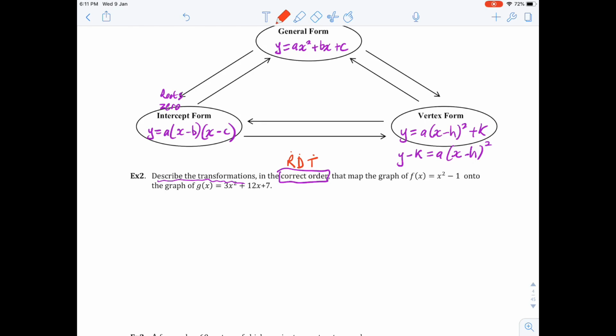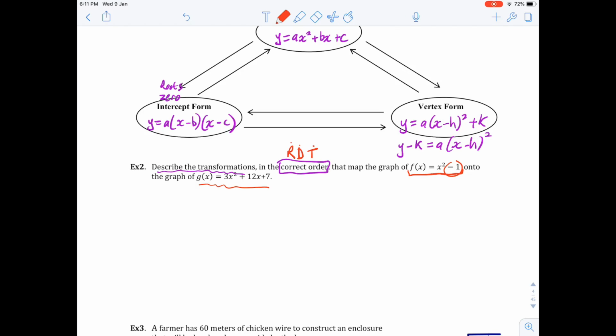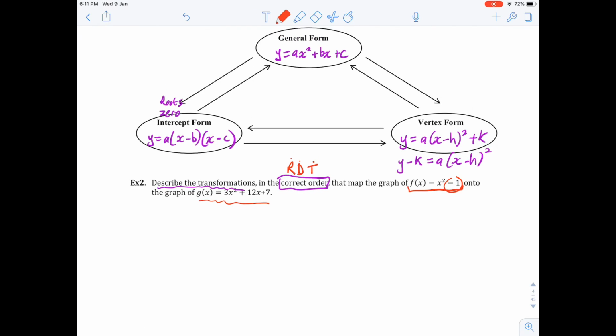Okay, and so we have the function f of x, which is x squared minus 1, and so keep in mind that that function has already been transformed, and what we've been asked to do is to describe the transformations that get us from the f of x function to the g of x function. And so the first thing we're going to do is put each of those functions into vertex form.